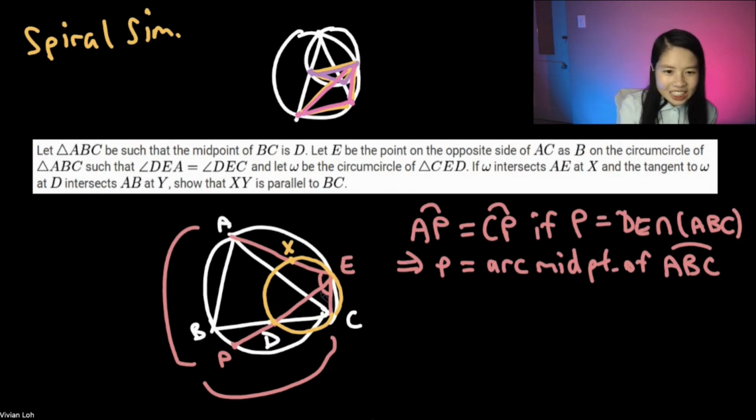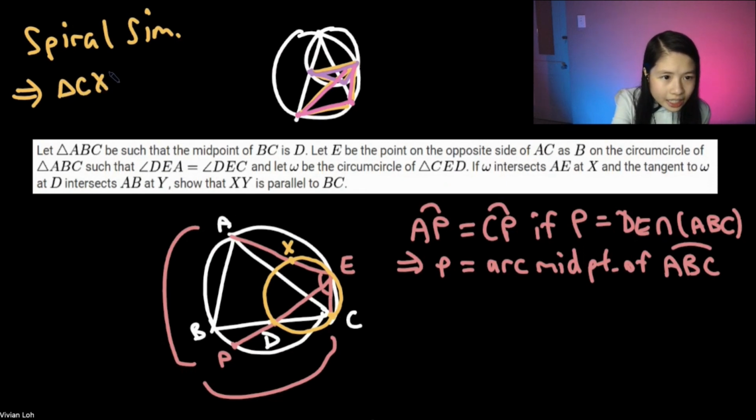Okay, so that's the main spiral similarity lemma. So let's see how we can use that here. Well, we have two circles, the yellow circle and the white circle, and we have two rays coming from point E intersecting the yellow circle at X and D and the white circle at A and P. So spiral similarity tells us that since C is the second intersection point of these two circles, we have triangle CXD similar to triangle CAP.